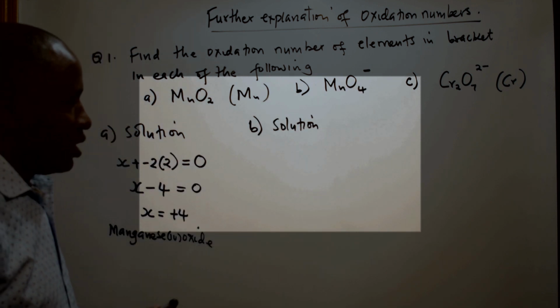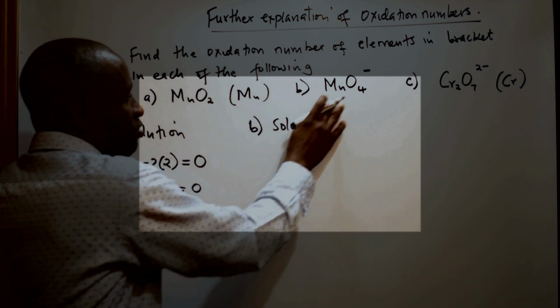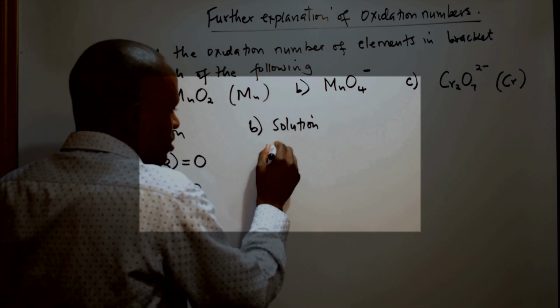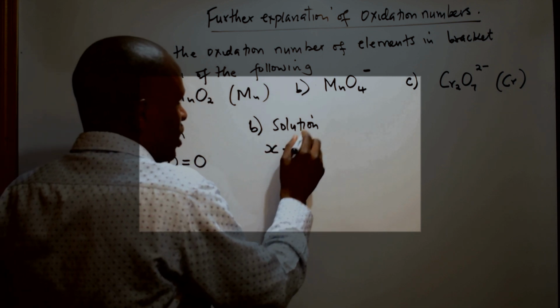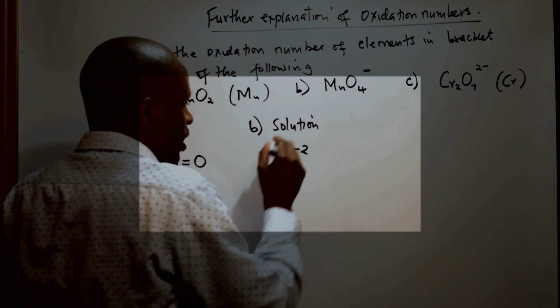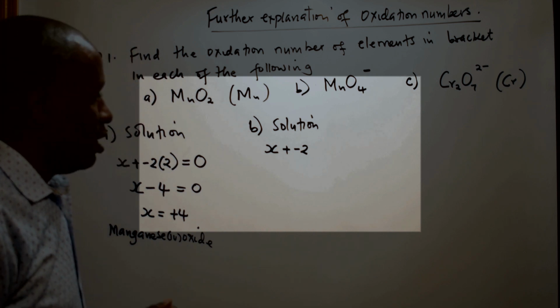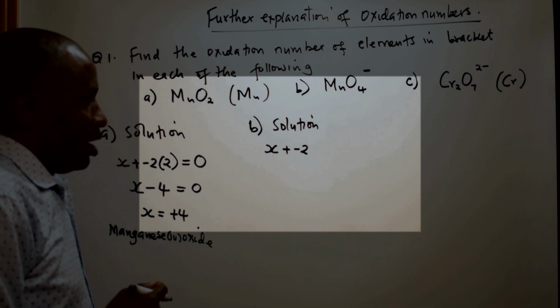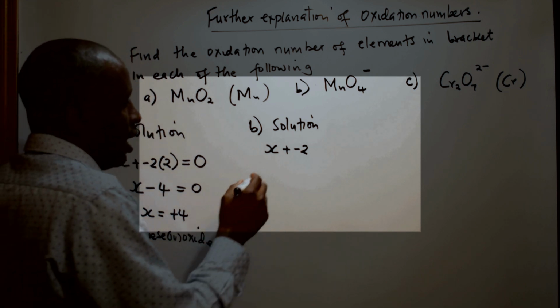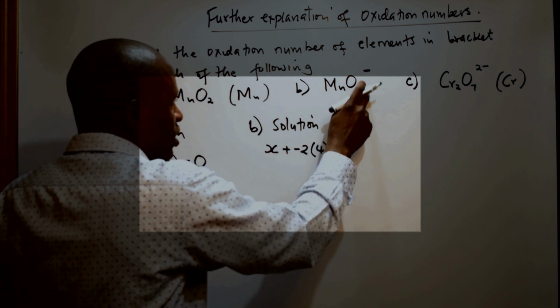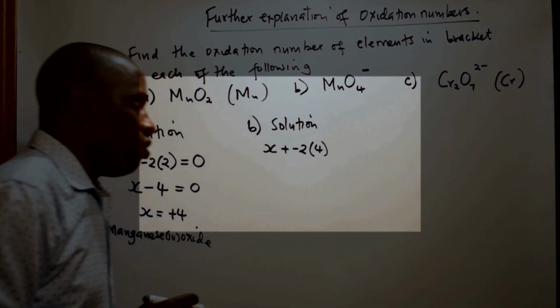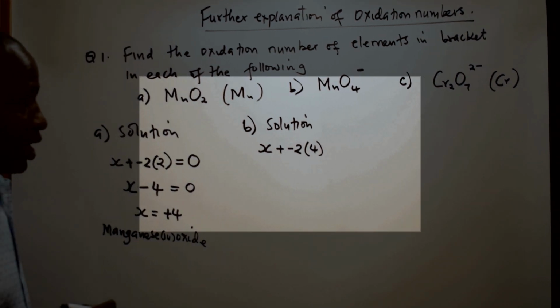That means if I take the oxidation number of manganese to be X, and the oxidation number of oxygen, I know it is -2 in all compounds except in peroxides, as we have seen, I'm going to multiply by 4 because I have 4 oxygen atoms there.